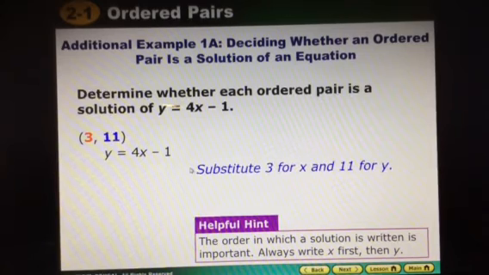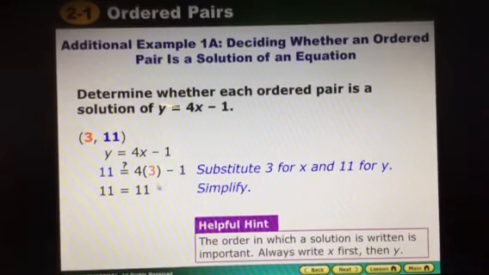So if we do that, we'll have 4 times 3 minus 1. So this is kind of how we check to see if a solution works when we solved equations back in the last chapter. So 4 times 3 is 12, and 12 minus 1 is 11, so that checks.